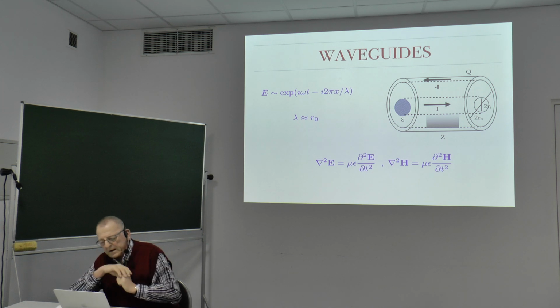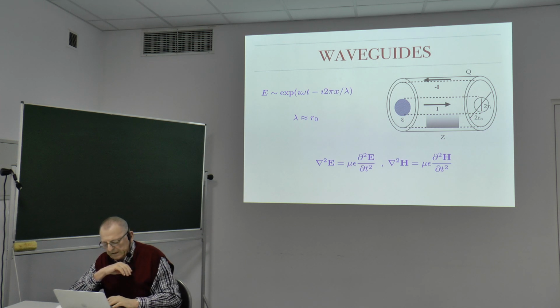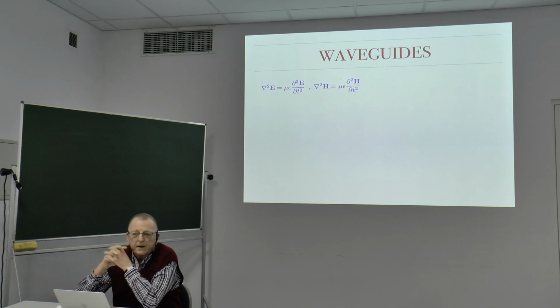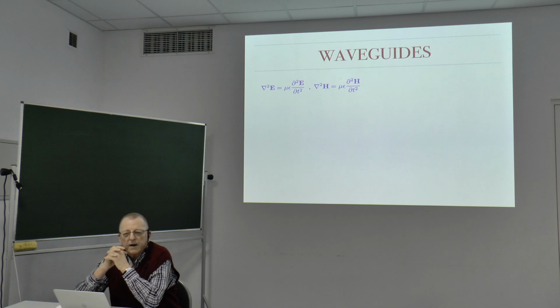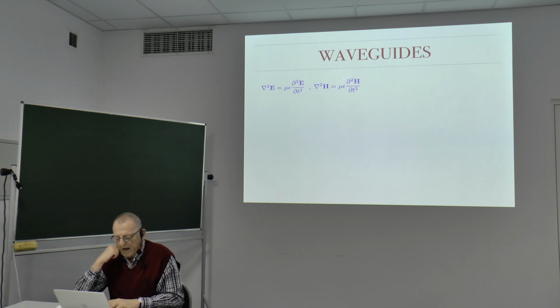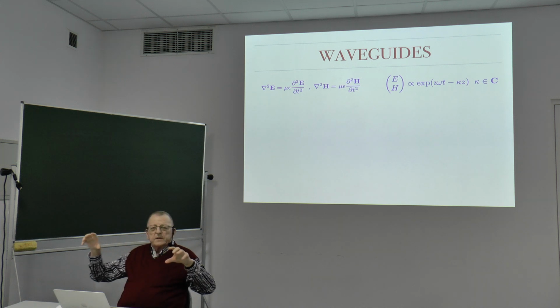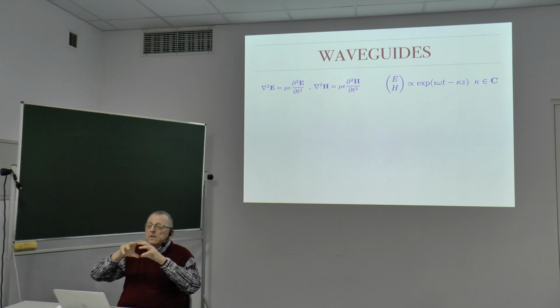Remember that from last week, within this geometry, but keeping in mind that particular property. So let's look at these two wave equations for the electric and magnetic field, and we will be looking at them in the geometry of the waveguide or transmission line.